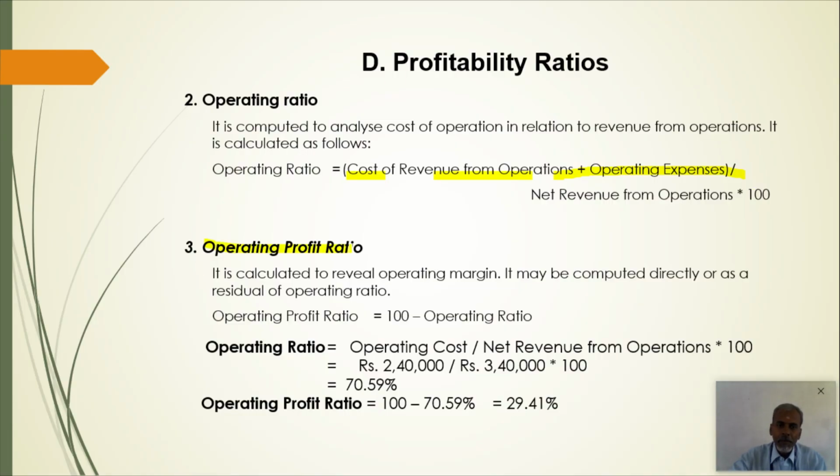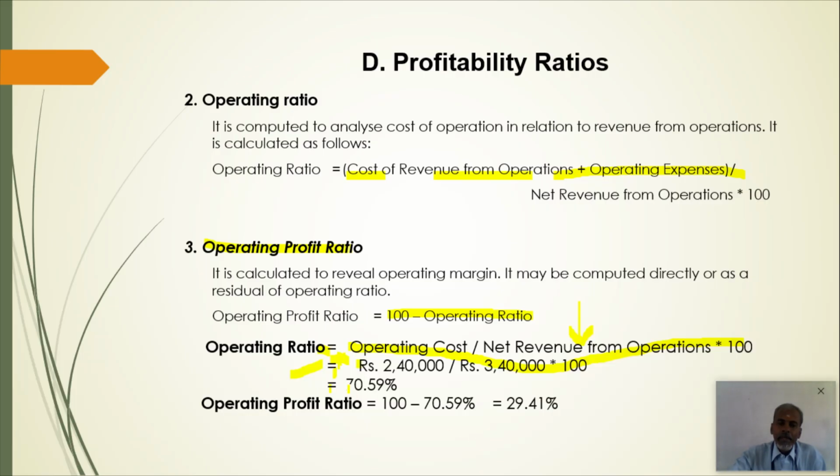Operating ratio is one of the important ratios. You can either subtract the operating ratio from 100 to find the operating profit ratio, or calculate it as given here. You can see operating cost divided by net revenue or sales, multiplied by 100. Operating cost is the same as operating expense.